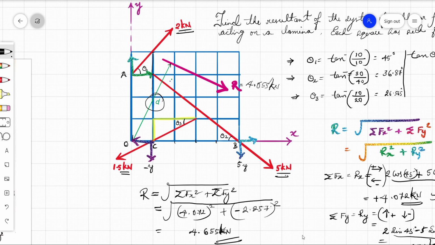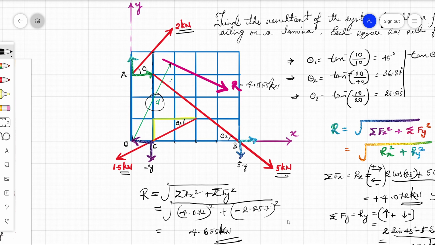We find the resultant with the help of the moments. So we got to know the resultant, and we find this distance actually. Sorry, we find this distance, and this distance we call it as a moment arm r.